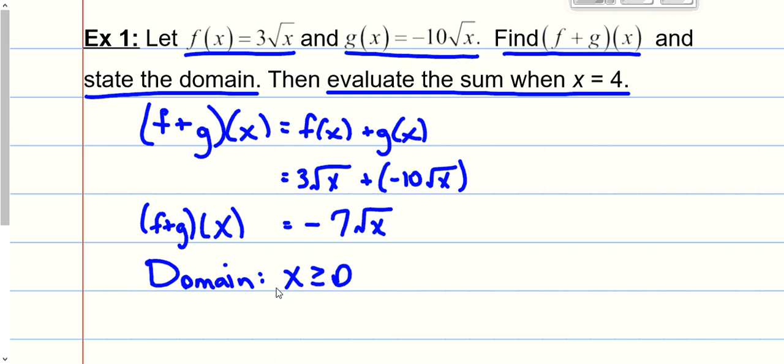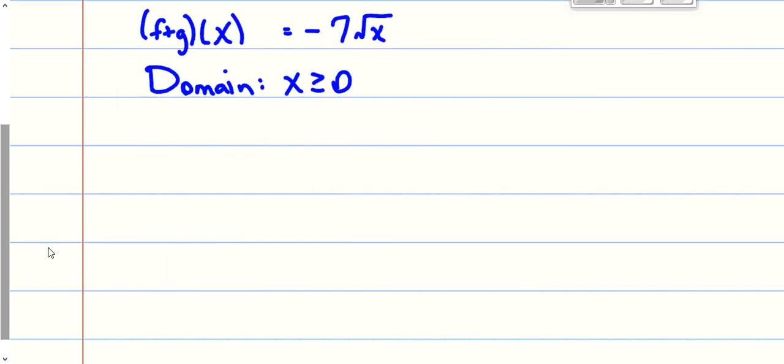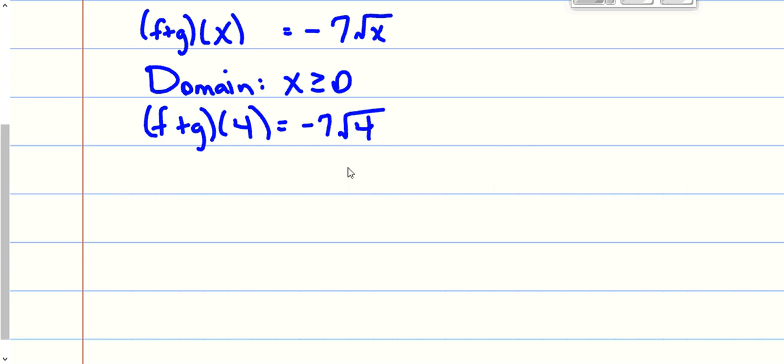Now it says evaluate the sum when x is equal to 4. So to do that, we have f plus g of 4. That just means that we're going to plug in a 4. So I've got negative 7 times the square root of 4. Work that out.